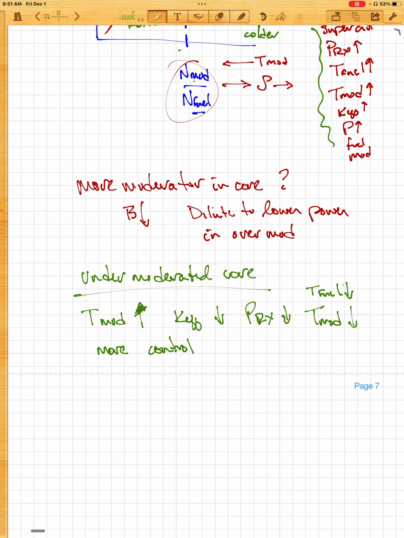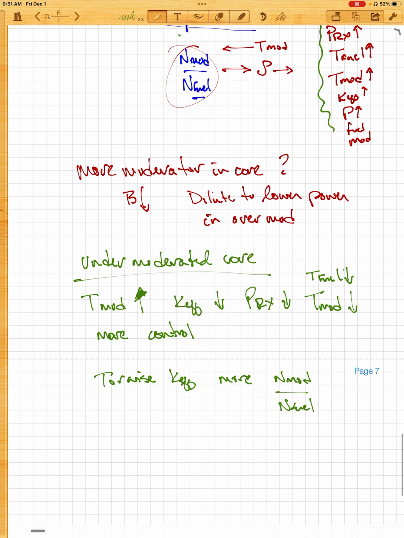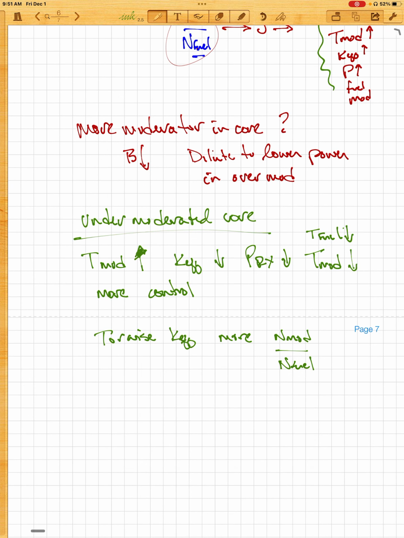So to raise K effective, say power got low, you want more moderator to fuel. Okay. How do you do that? Well, you dilute. You lower boron concentration in the RCS, and that lowers K effective.